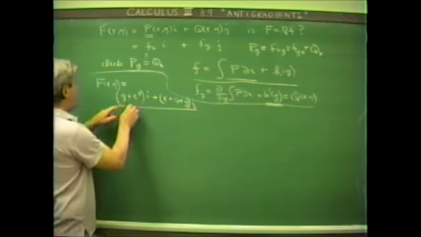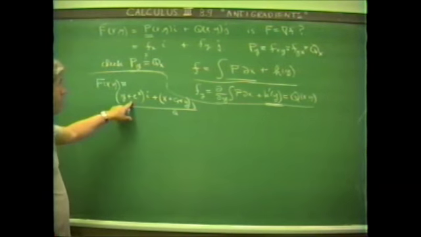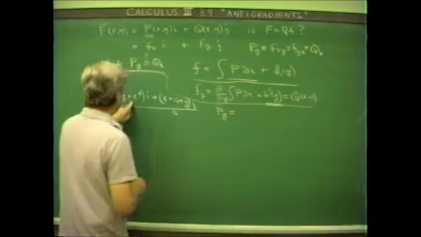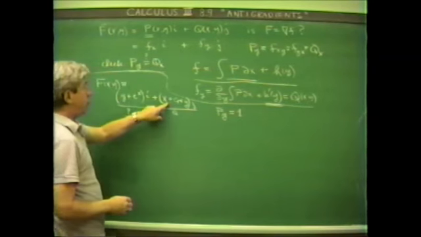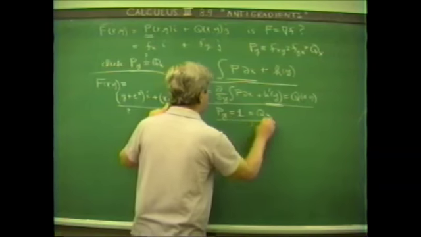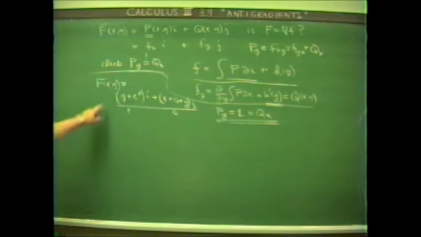First of all, if this is p and this is q, we want to take a look at the partial of p with respect to y. It's equal to 1. And the partial of q with respect to x is also equal to 1. So that says that we're right in looking for a function little f here.